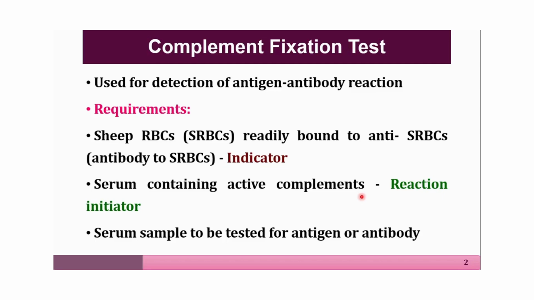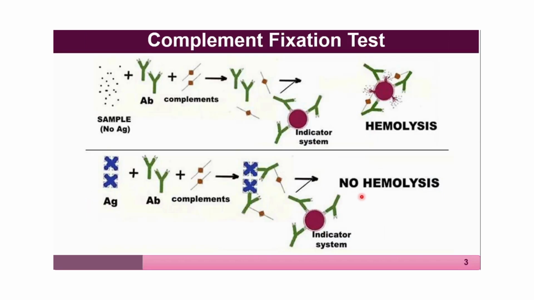Let us see how this test is performed. We'll take the first example at the top. The test sample, the serum sample to be tested for the antigen, is treated with the corresponding antibody, and that antibody is supposed to bind to the antigen that you are looking for.